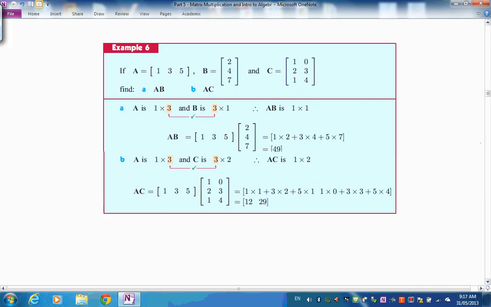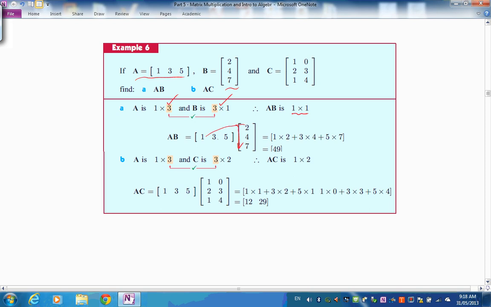So here are some simple ones. Find A times B. Well, first of all, let's check it out. Yes, A is 1 row by 3 columns, and B is 3 rows by 1 column. So the result should just be a 1 by 1, or a single number. And this is what we did before. This row is going to dive down here.